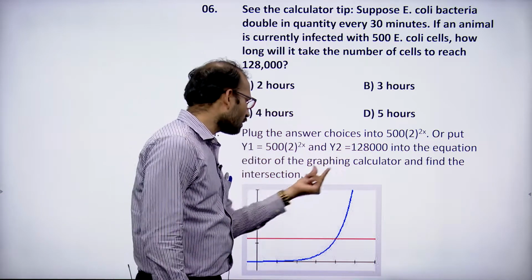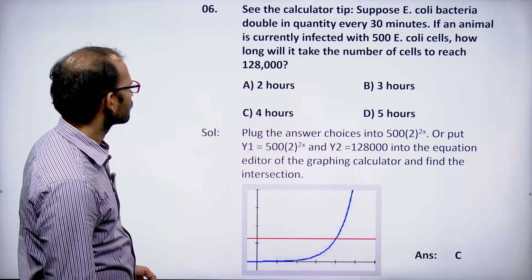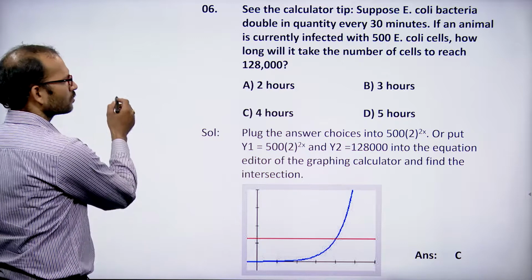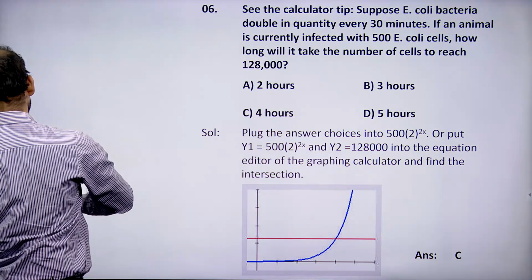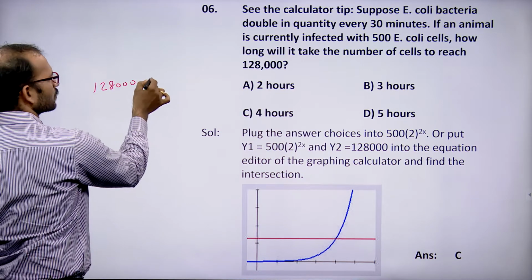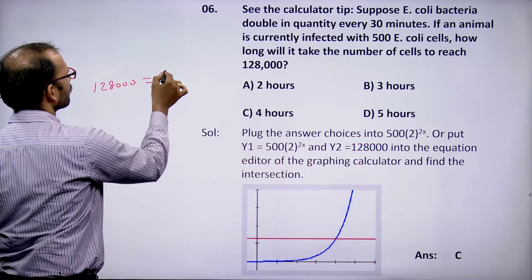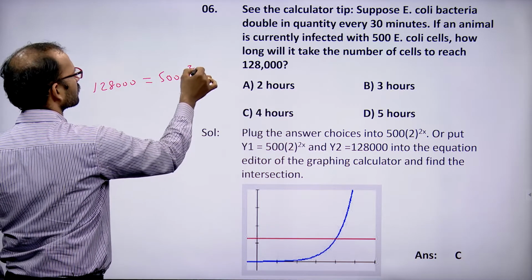So let us equate these two. 1,28,000 is equal to 500 into 2 power 2x.